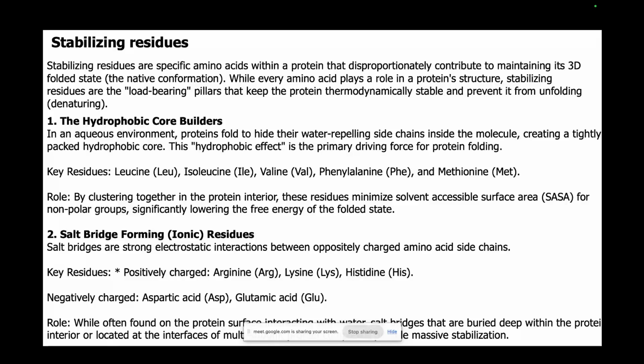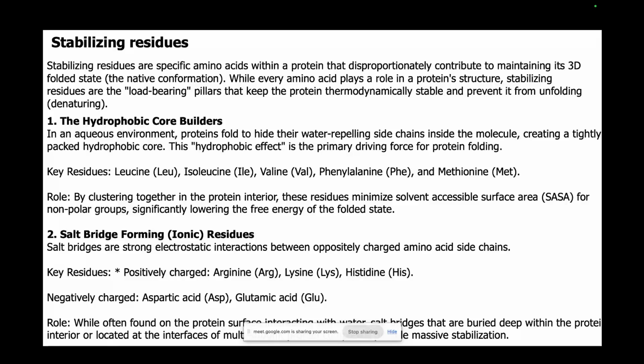So what are these? These are specific amino acids within a protein that disproportionately contribute to maintaining its 3D fold. While every amino acid plays a role in the protein structure, stabilizing residues are the load-bearing pillars, keeping the protein thermodynamically stable and preventing it from unfolding.